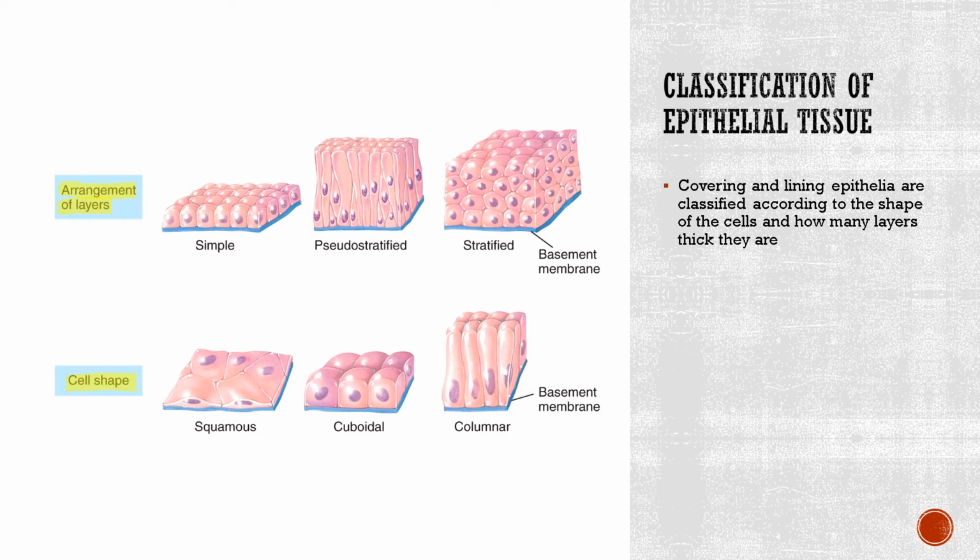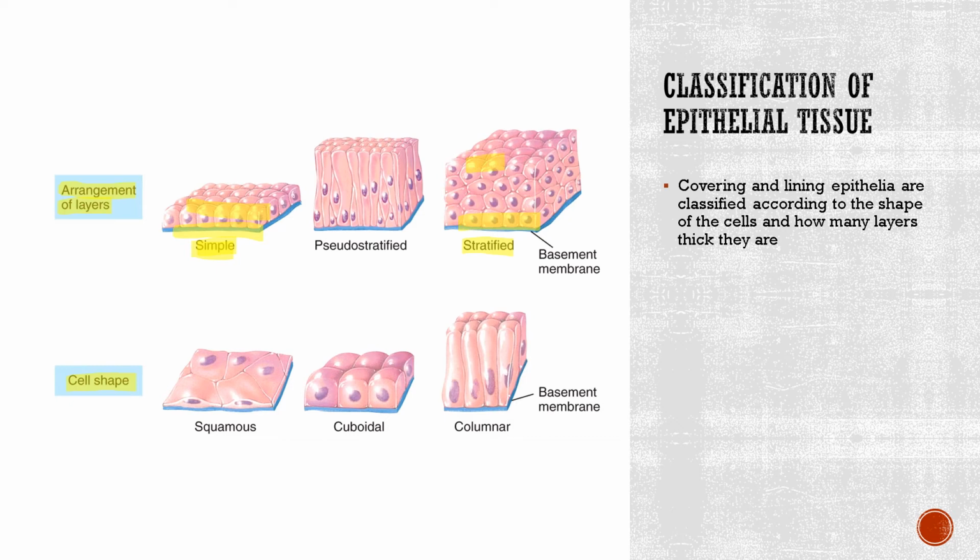So the layers could be simple, which is just one single layer where every cell has an apical surface and every cell has a basal surface that touches the basement membrane. Then there is stratified, where there is one layer of cells that all touch the basement membrane, but they don't have an apical surface.